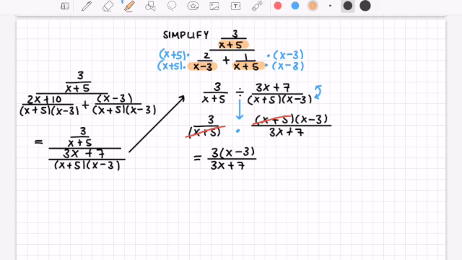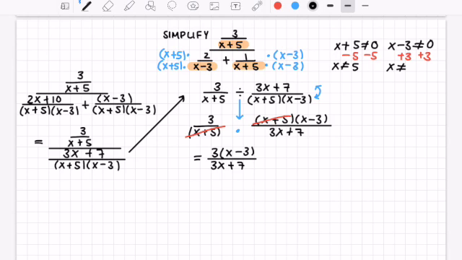Last thing, find your restriction. You have x plus 5 cannot equal 0, and x minus 3 cannot equal 0. So from here, I'm going to subtract 5 from both sides, add 3 to both sides, and I get x cannot equal negative 5, x cannot equal positive 3.